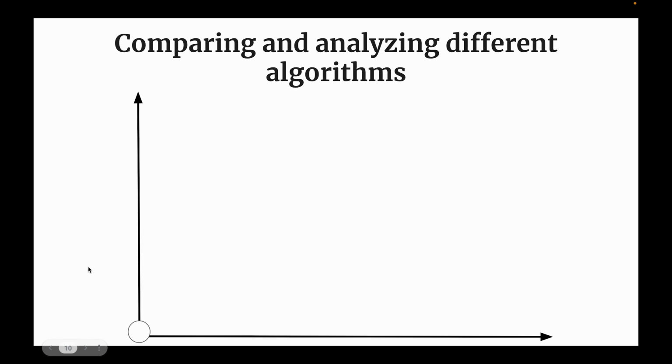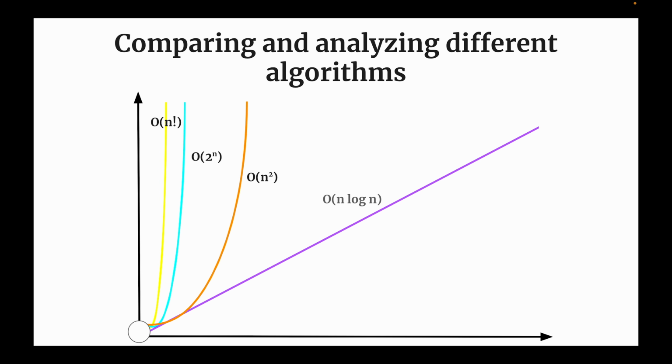So we can see that big O helps us understand how different algorithms scale and perform as the input size increases. Among the most common running times represented by big O notation, some algorithms are better in terms of efficiency, while others are worse.